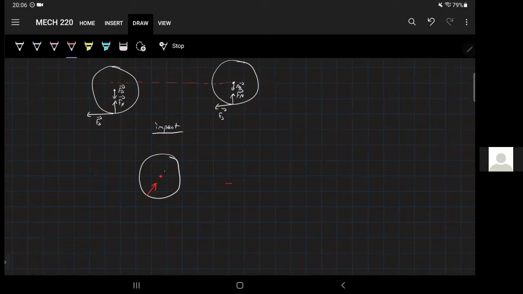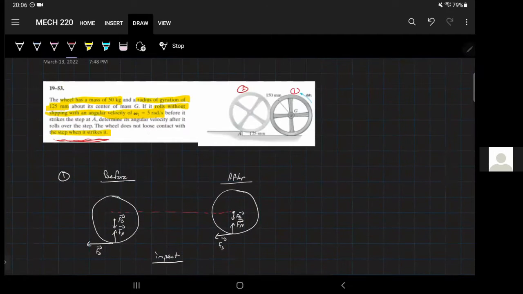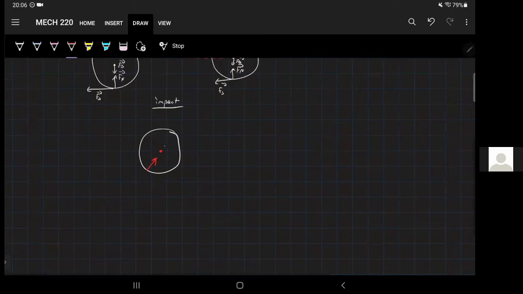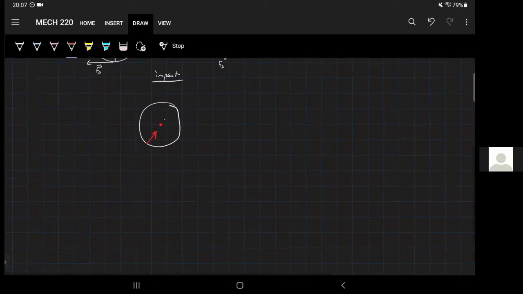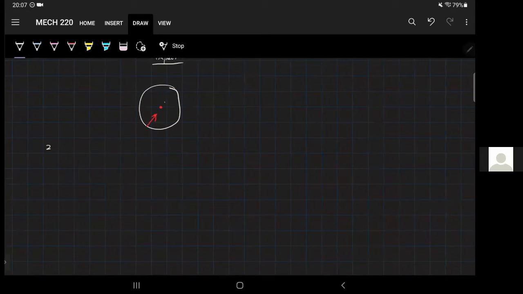But since there's no slipping and it's always in contact, there's no torque acting on the system. You can use angular momentum to solve at least the first part of this problem. We want to use angular momentum.